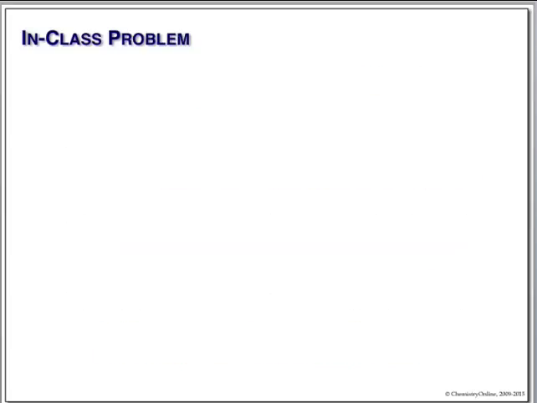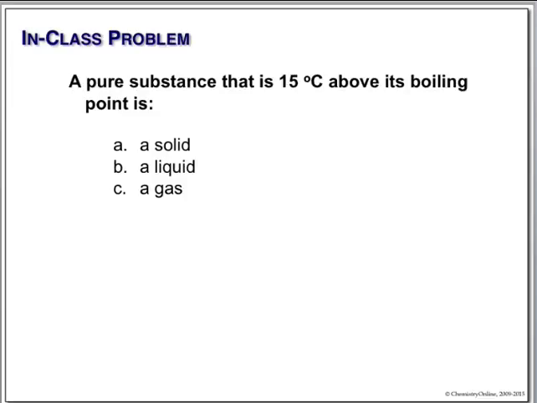All right. These are actually off an old exam also. Very simple question. A pure substance is 15 degrees above its boiling point. What is it? There are two ways that you can do this problem. You can either look at it and just know the answer.